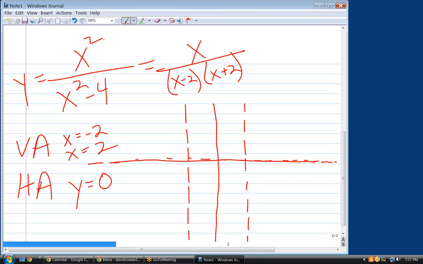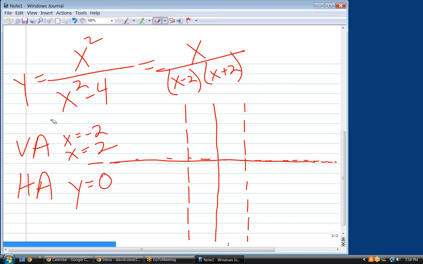So if I did actually have an x squared up there, the ratio of the coefficients is 1, and the horizontal asymptote would be y equals 1. If it was 3x squared over 2x squared, the horizontal asymptote is y equals 3/2. You with me? Yep. Okay.